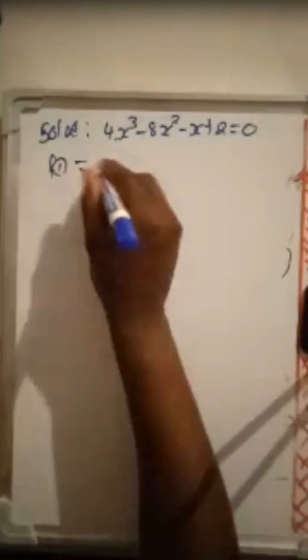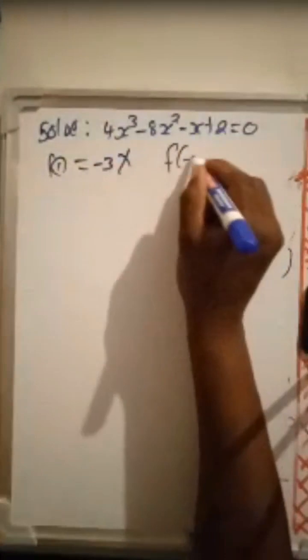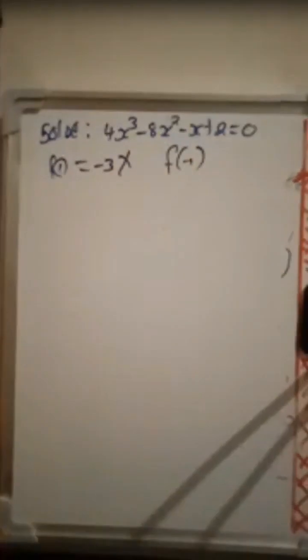There we get negative 3. So this one is not a factor. So try f of negative 1. This one gives us negative 9. That's not a factor.